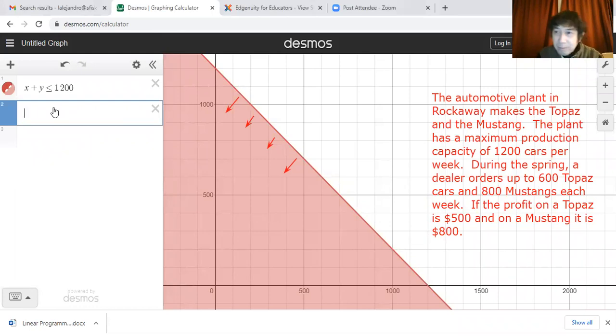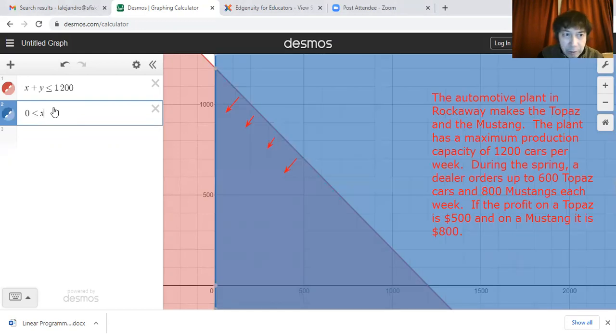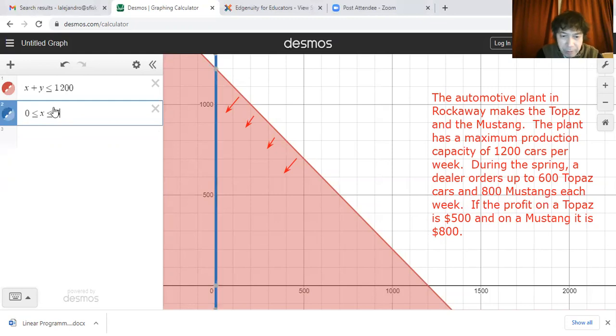Since it cannot be negative, that means it will be between 0 and 600. It will be something like this: 0 less than or equal to X, which represents the Topaz cars, less than or equal to 600.